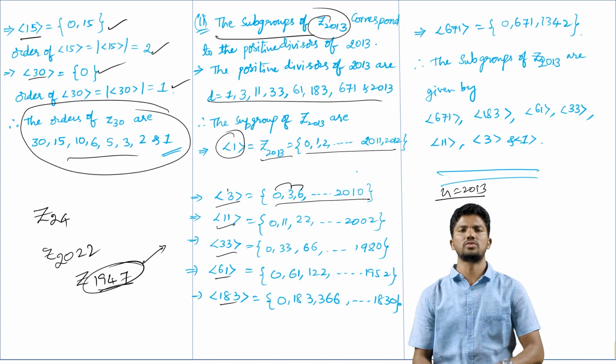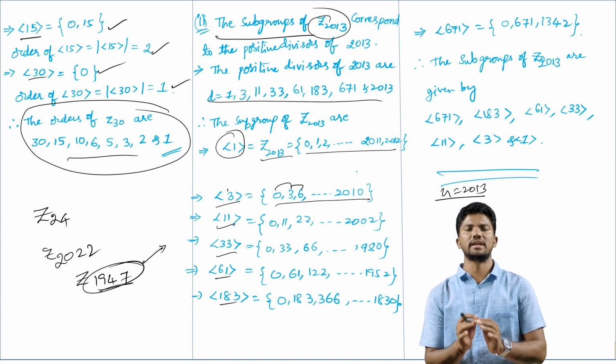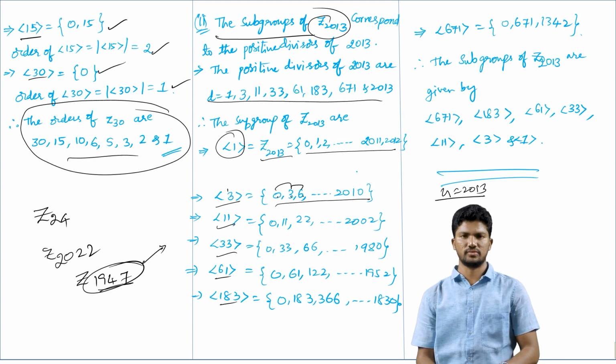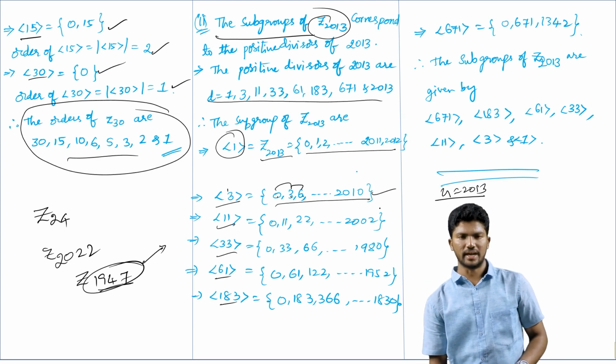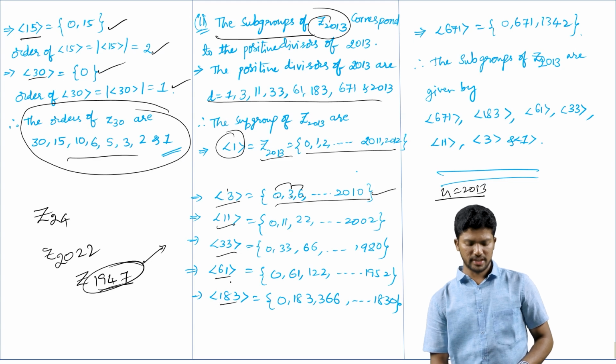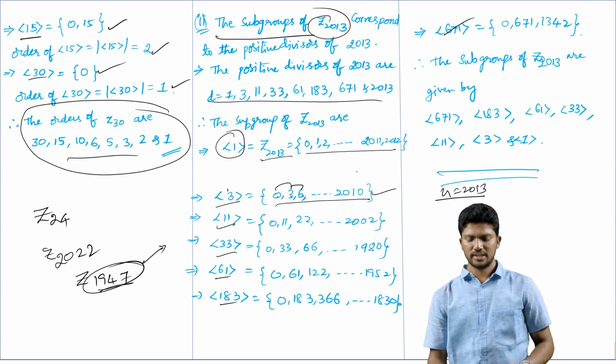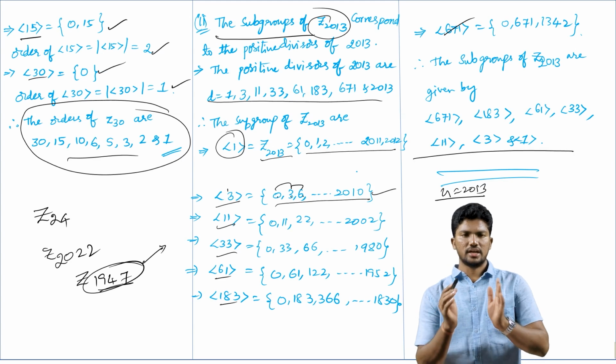That means simply you have to write down the 3's table: 0 into 3 is 0, 3 ones are 3, 3 twos are 6, 3 threes are 9, 3 fours are 12. You have to write down those values. So for 11, 33, 61, 183 and 671, and the last one is 2013. So these are the subgroups.